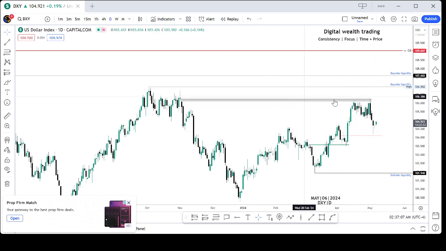And now look at how we rejected that area twice, which means a smart money trader is able to spot where a resistance is going to be even before the time, both on the lower time frame and in a higher time frame.